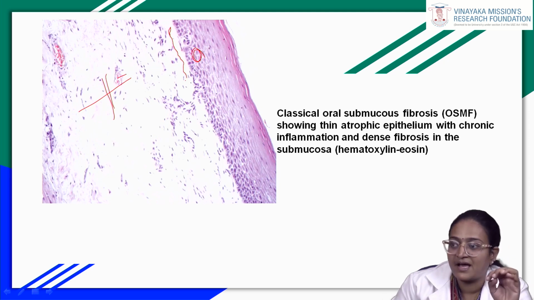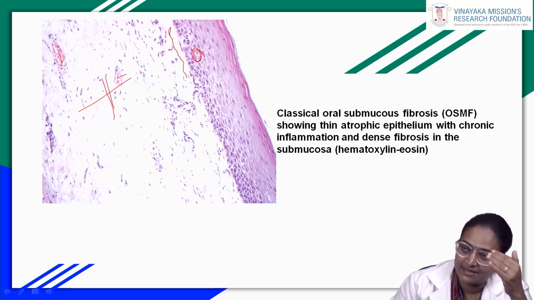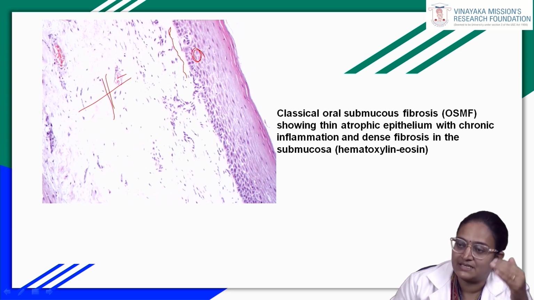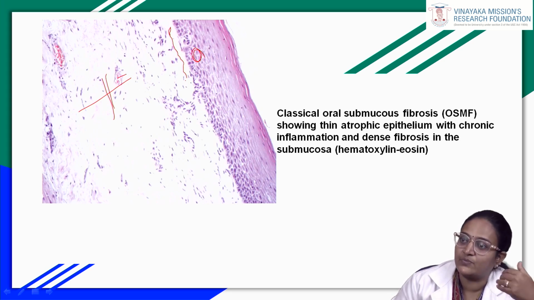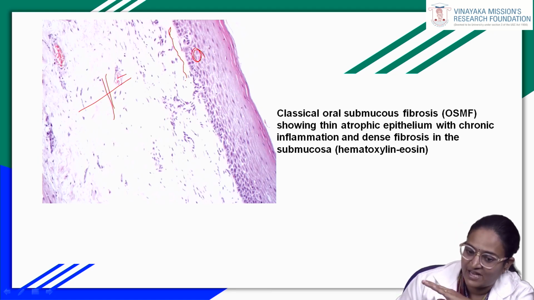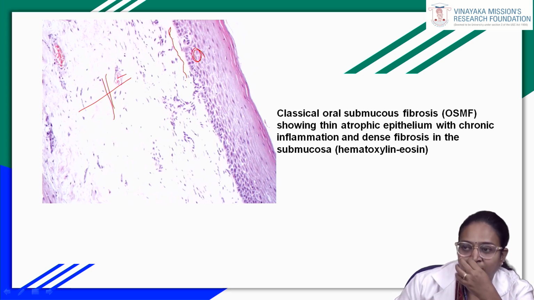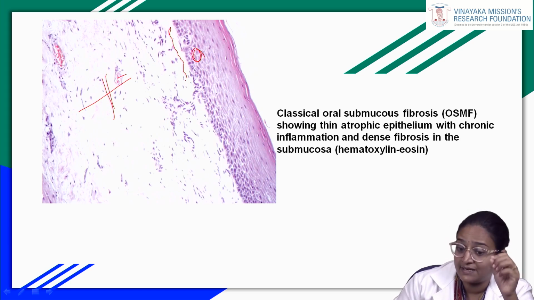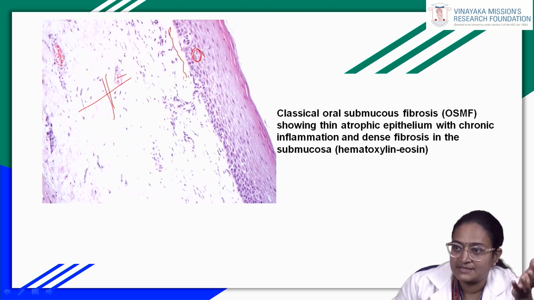Blood vessels become narrowed, fibroblasts decrease, and the epithelium becomes very thin and atrophic, so the rete ridges appear very flat. The muscle fibers undergo degeneration, and Van Gieson stains highlight the dense collagen fibers. This is given in the pictures in many atlases.